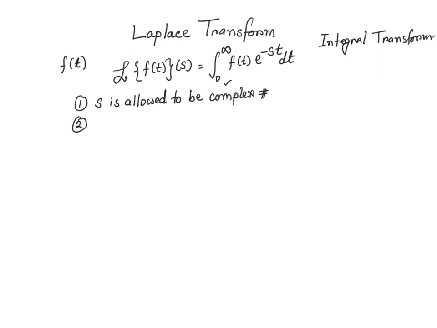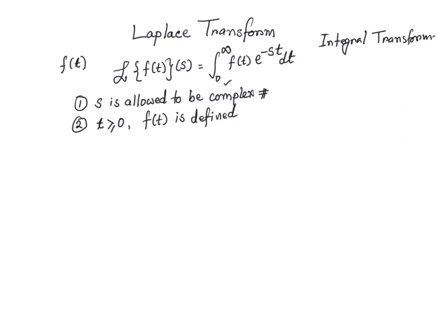Number two, the integral goes from 0 to infinity, and we are integrating with respect to t, as you can see. So technically, for t greater than or equal to 0, the function f of t is defined.